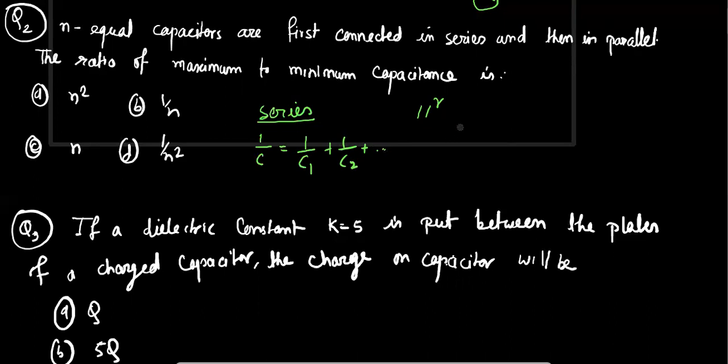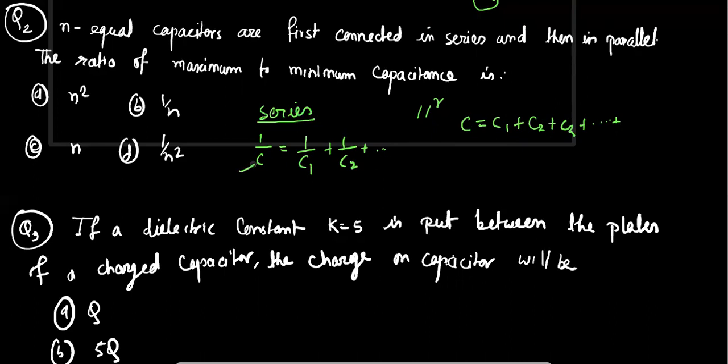And if you connect the capacitors in parallel, the equivalent capacitance will be the direct sum of the individual capacitances.